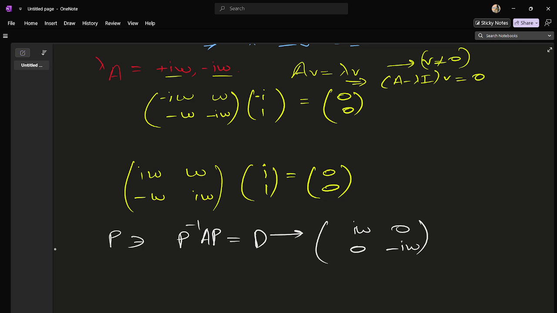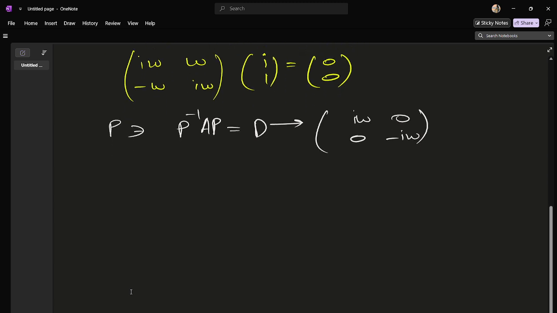P can be formed by the eigenvectors. The rest is an unnecessary calculation.